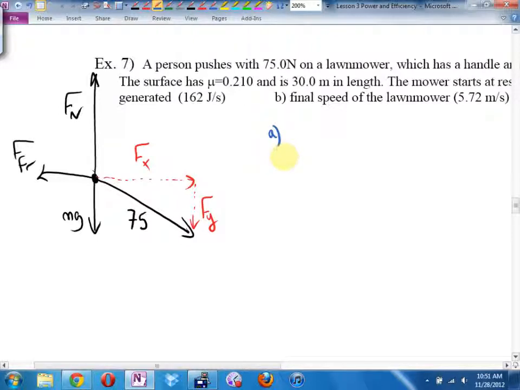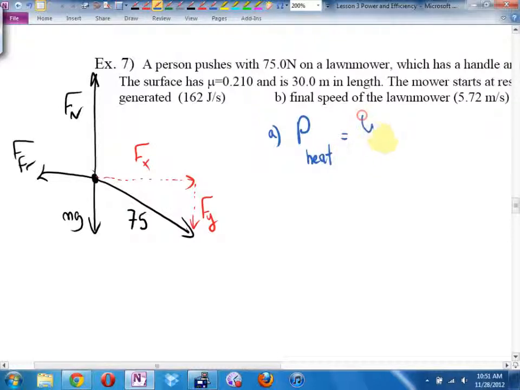What's A asking me to find? The rate at which heat energy is generated. You know what? I think it's asking me to find how much power goes into heat, because the rate at which energy is generated, that's our definition of power.